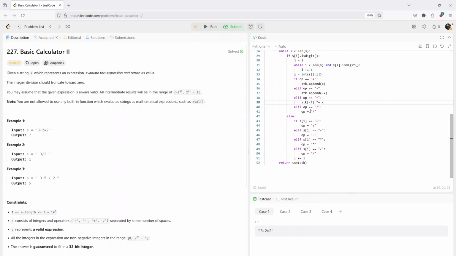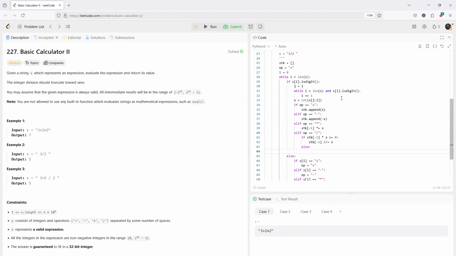So if stack minus 1 times x is greater than or equal to 0, then we know stack minus 1 is just going to be divided by equal to x.